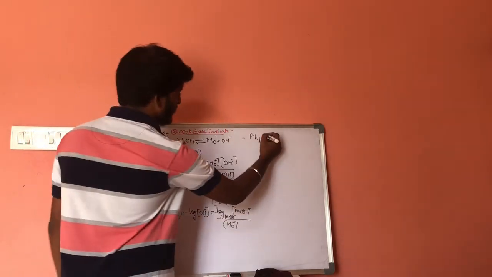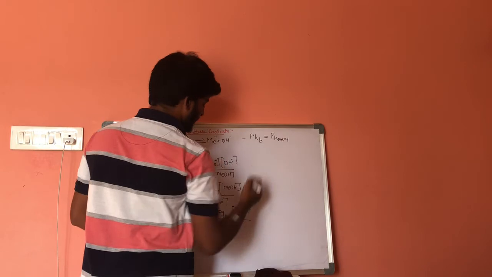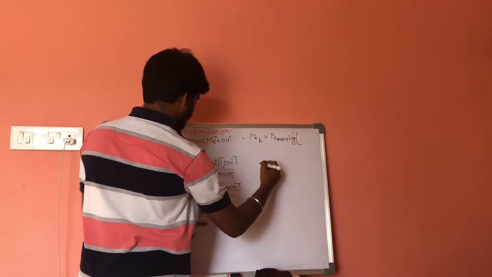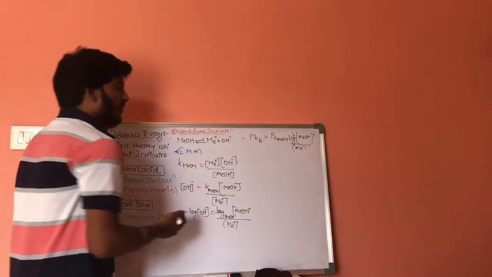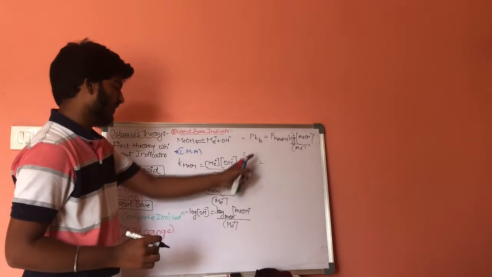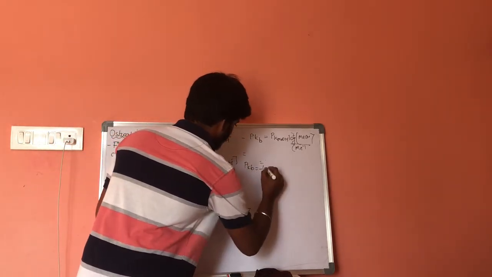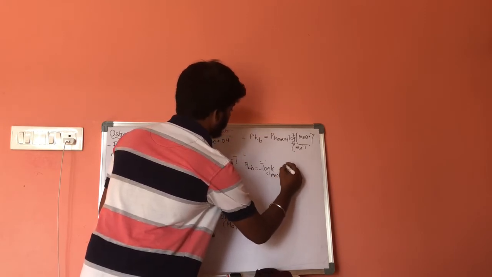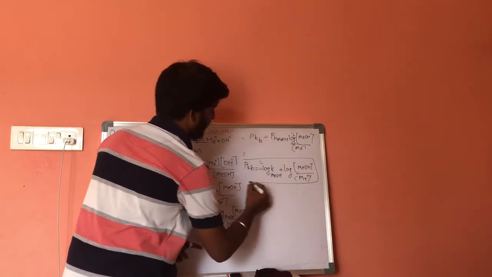So pKb is equal to minus log K MeOH plus log the concentration of MeOH by the concentration of Me plus. This is the required one.